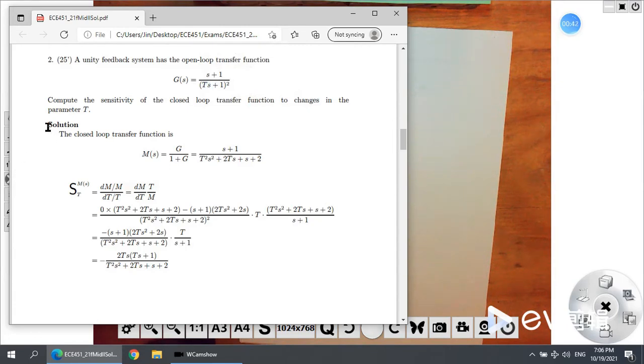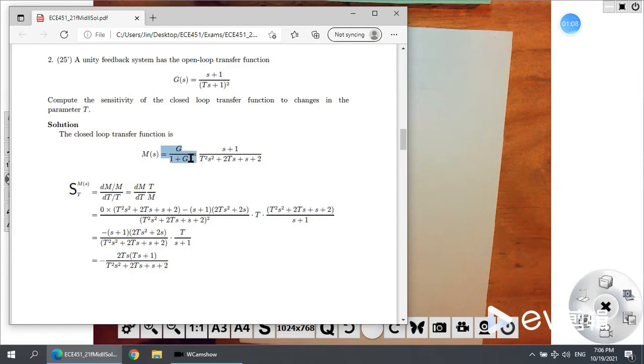Alright, then the solution, the closed loop transfer function, right? First of all, I use a notation capital M for this transfer function. Actually here you can use any letter, M or P, Q or R, whatever. This is the closed loop transfer function, the transfer function of the overall system.